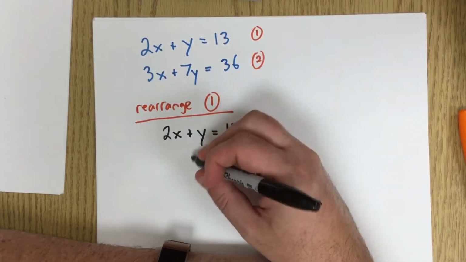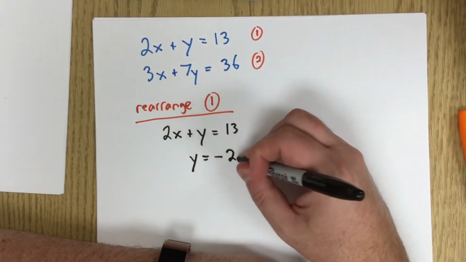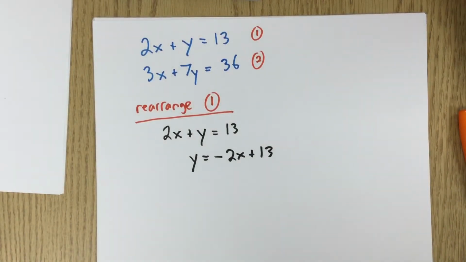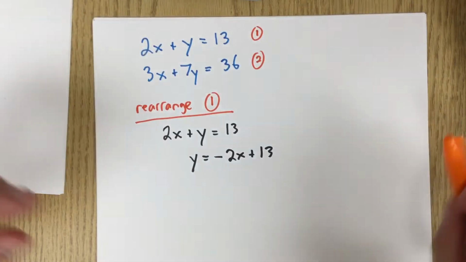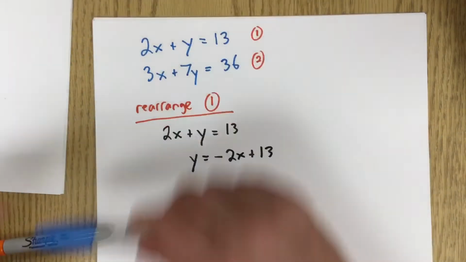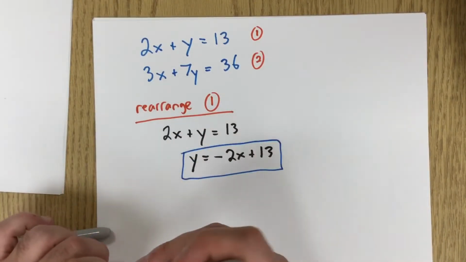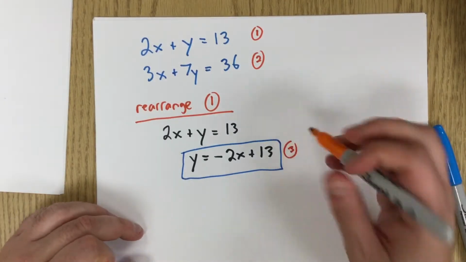I want to get the y alone, so I'm going to bring the 2x to the other side. y equals minus 2x plus 13. And it's alone. The y is alone. There's no numbers next to it. There's no negatives next to it. So I'm going to put a box around that because we're going to need this thing soon. I'm going to call that equation 3.